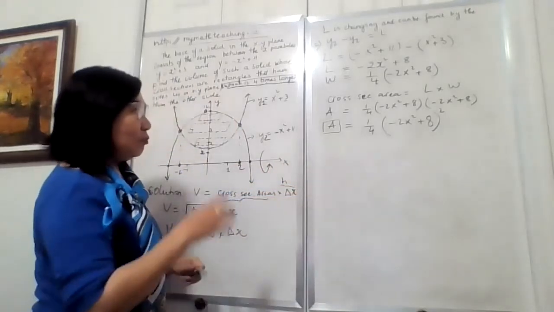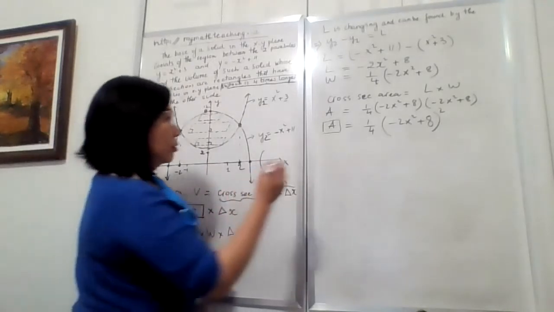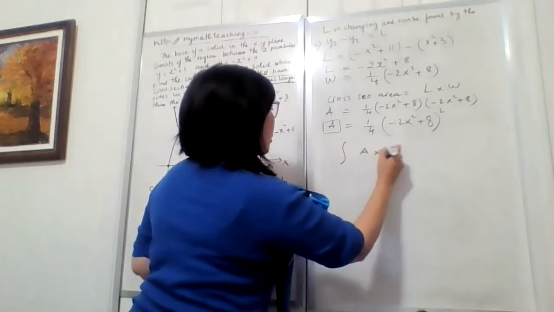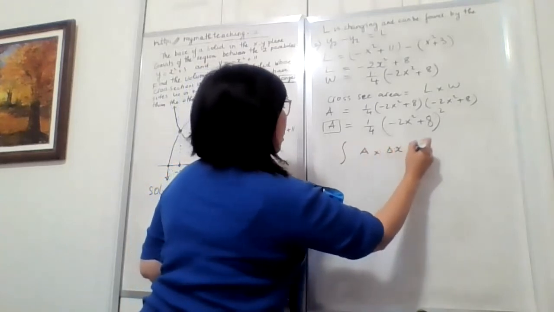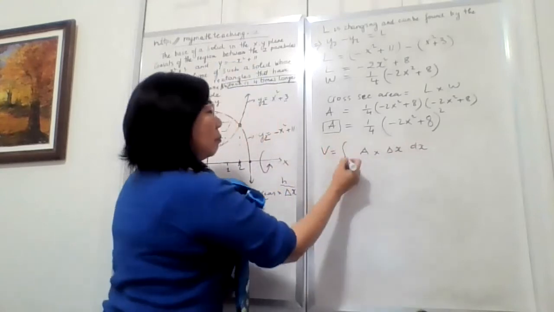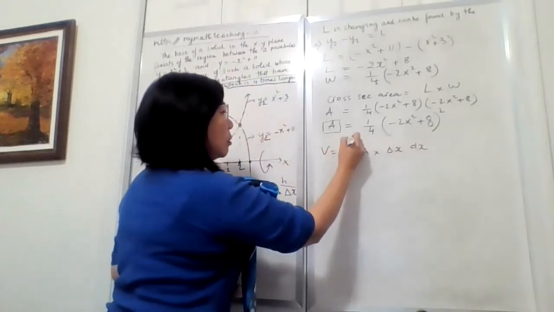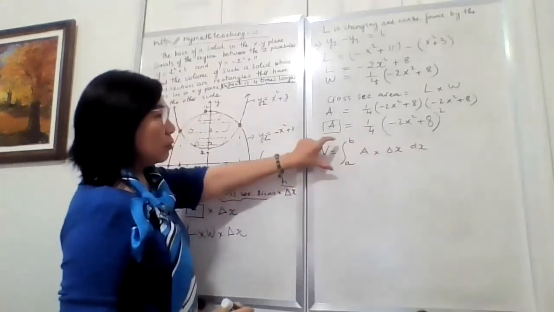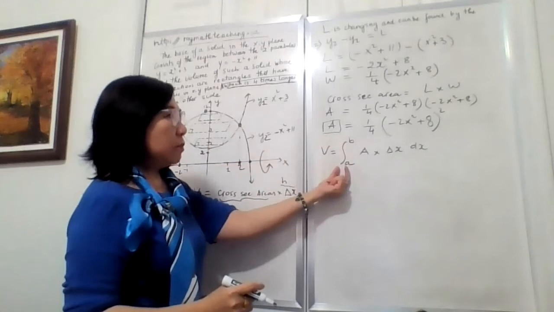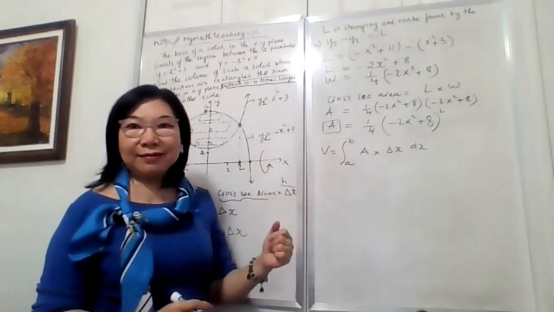Now, to find the integration of this cross-sectional area times delta x, that is dx, will give us the volume. We have to figure out the boundary, the interval, from where to where we generate the function, from A to B, right?